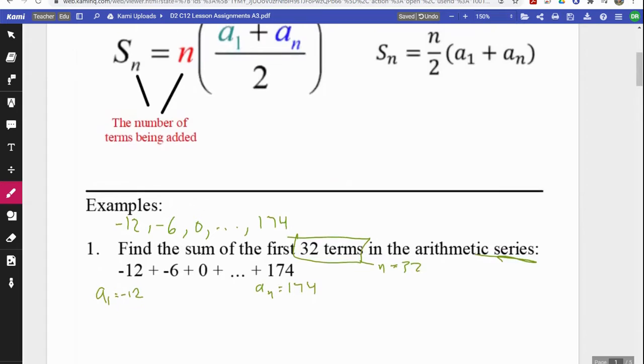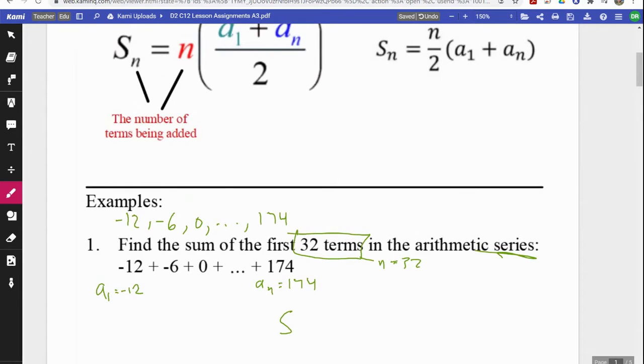All we need is we're finding s sub 32, and I'll just use the first formula. n times a sub 1, which is -12, plus 174, our a sub 32, and then we divide by 2.